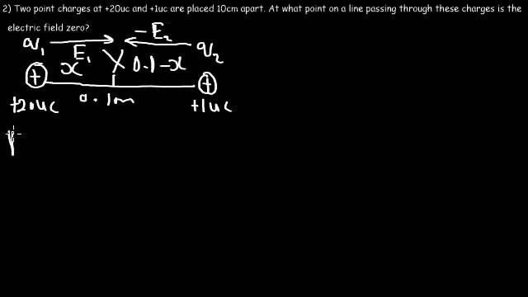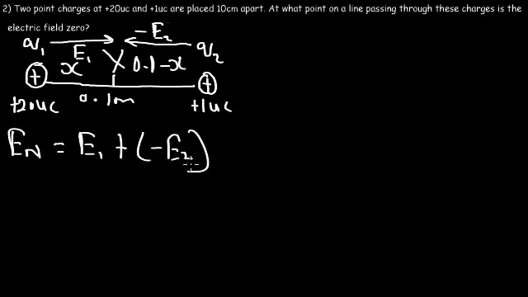And finally, E sub n, which is the net electric field, will be equal to E sub 1 plus negative E sub 2. Now we can set that E sub 1 minus E sub 2 is equal to the net electric field. But we said at this point x, the net electric field equals 0.